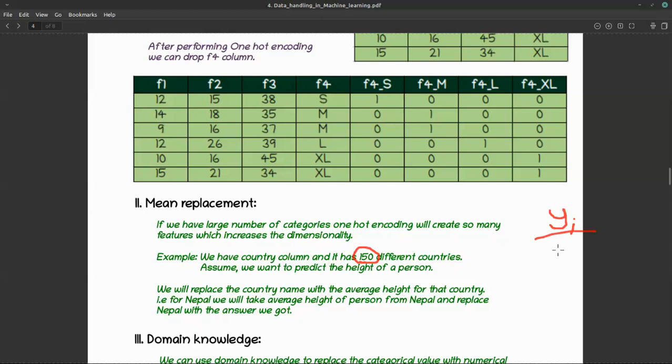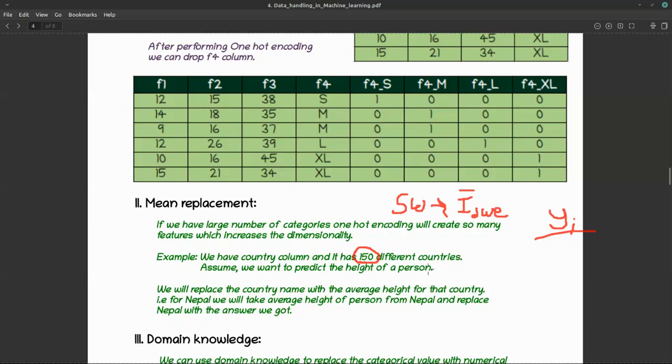Let's take our old example, the income of a person: 20k, 30k, 40k, 60k, like that. I will take one country, let's say Sweden, find out the income there, take the mean of all the salaries, and whenever I have Sweden, I will replace it with the average income of Sweden.